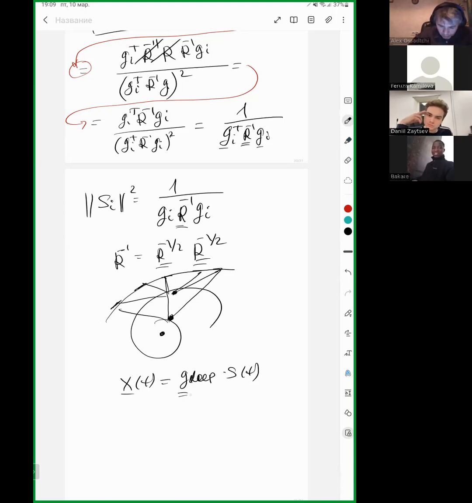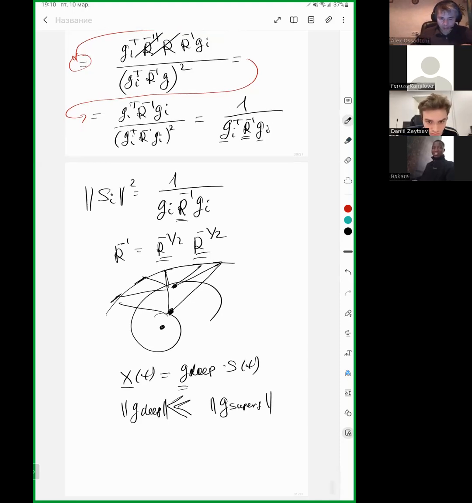Just because it's deeper located, it's further away, right? Therefore, the norm of G deep will be less than the norm of G superficial, right? Because G is a forward model. It tells you the amplitude you will see on the sensors due to a source with unit amplitude located at this superficial or deep location.